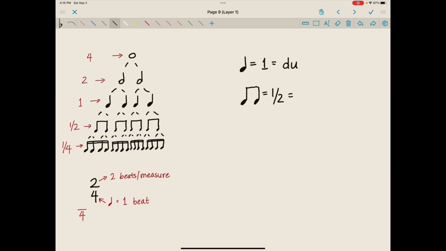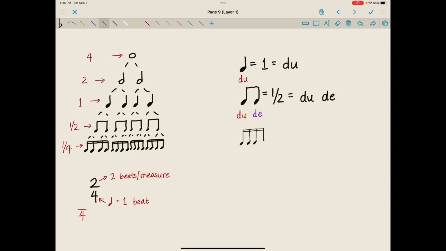So this is going to be together do, day, okay? So when we're saying that, we're always putting do on this first beat, and then our day will be splitting this exactly in half.